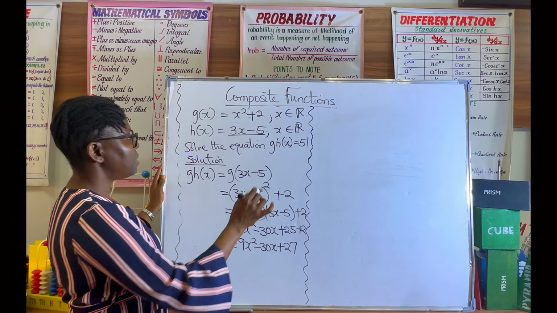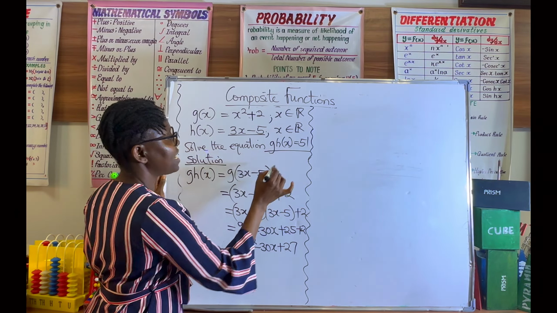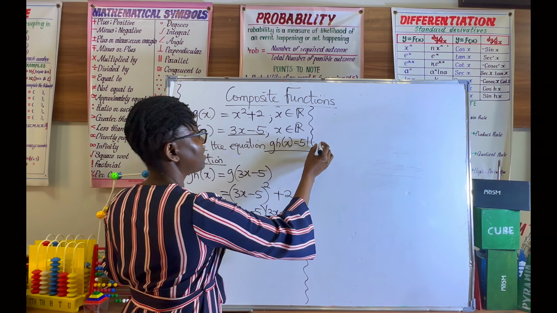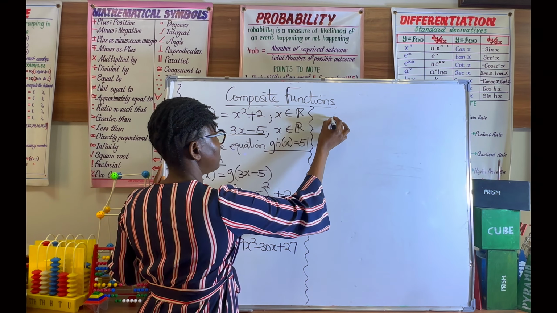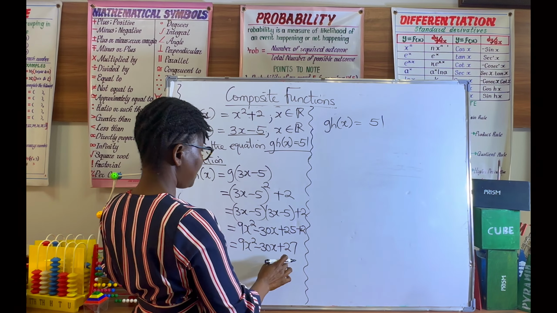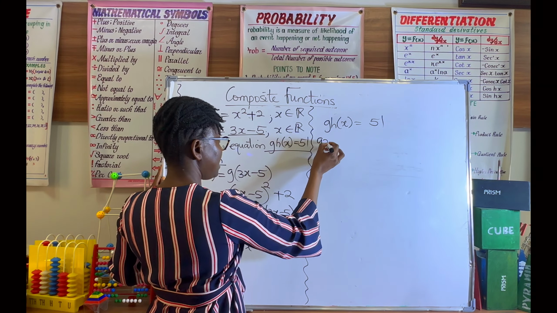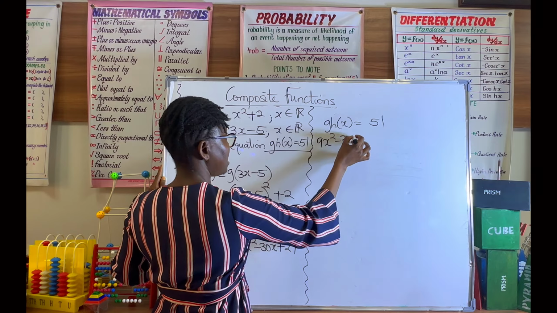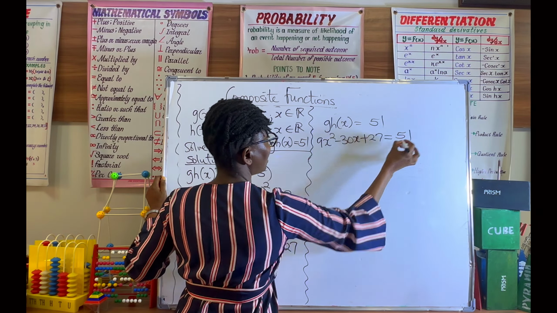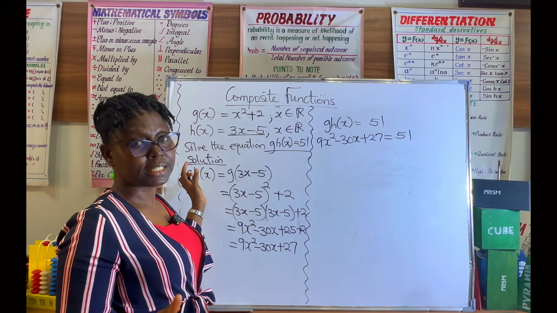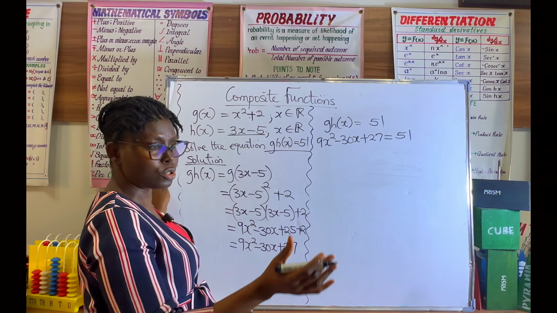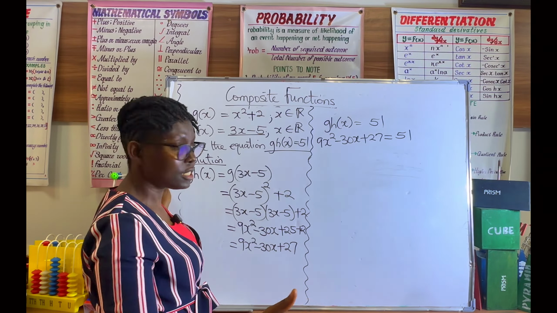To solve the problem, g of h of x is equal to 51. That means g of h of x equals 51 implies that 9x squared minus 30x plus 27 is equal to 51. This is a quadratic equation, so we're going to collect all terms to the left-hand side so that the right-hand side is equal to 0.